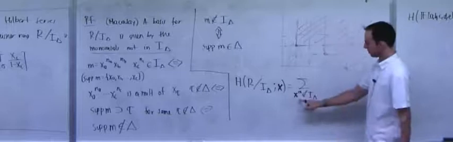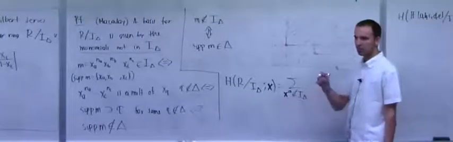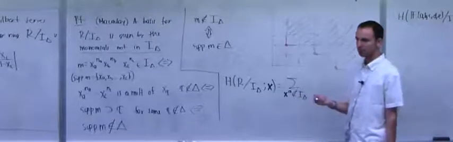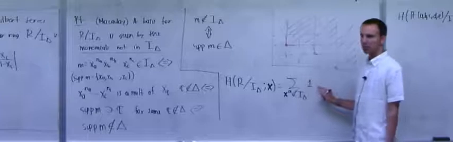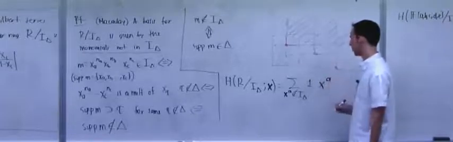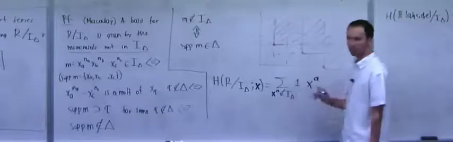And you see, this guy has multi-degree a. And so that means that it's going to contribute 1 to degree a. So I need to add 1 times... Where do I put the things of degree a here? Well, I put them in coefficient x to the a. So in other words, this is all I need to compute. I basically need to compute the sum of the things that are not in I delta.